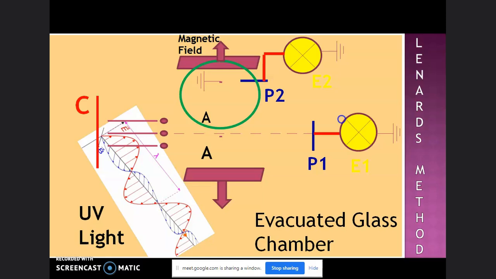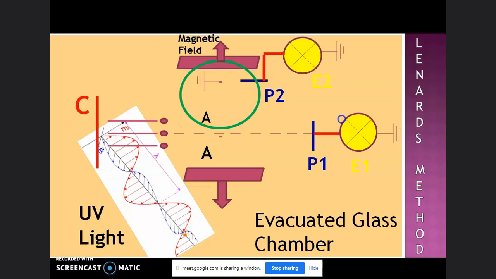So now the electrons change their trajectory path. The electrons change their trajectory path and move on the green circle border. Now the electrons move from the A terminal, take a curvature path and are incident on the P2 plate.